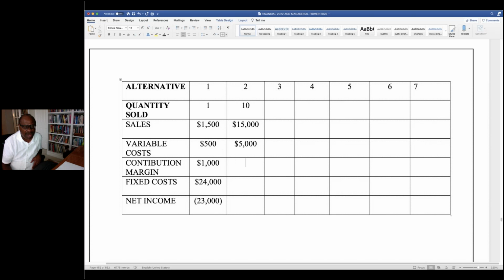So now our total contribution margin is 10,000. The unit is still the same. Our fixed costs are still 24,000.